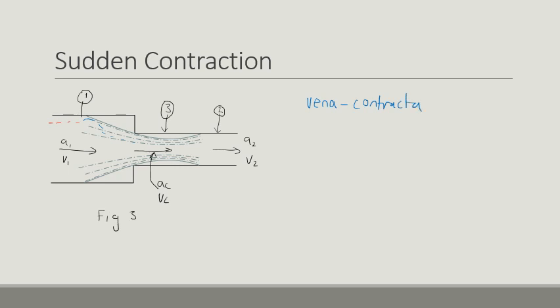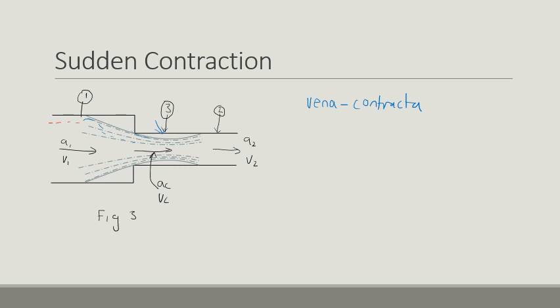That is basically this shape here. In section 3, a vena contracta is formed inside the pipe, and this is very important for our consideration.